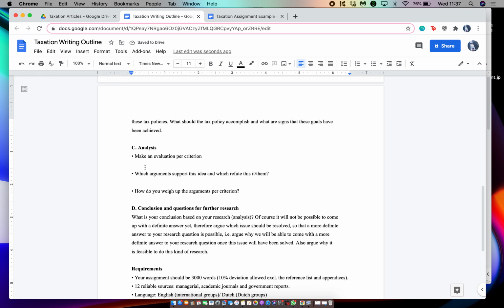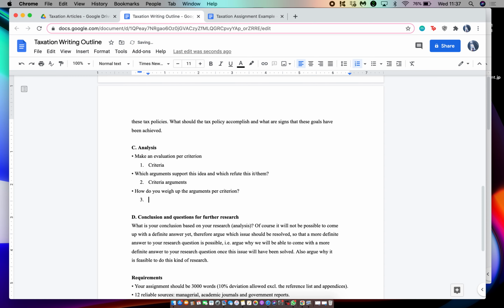So first thing, for example, for analysis, you need to make criteria, and then you need to come up with criteria arguments, and then you need to assess the criteria and their weights, which means just how important they are in terms of what you should consider.